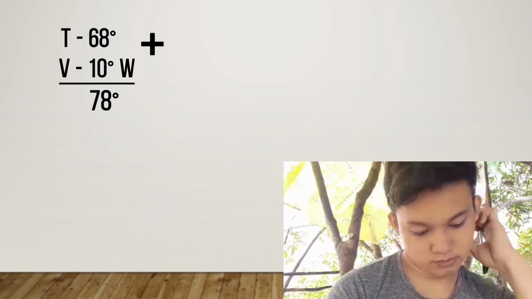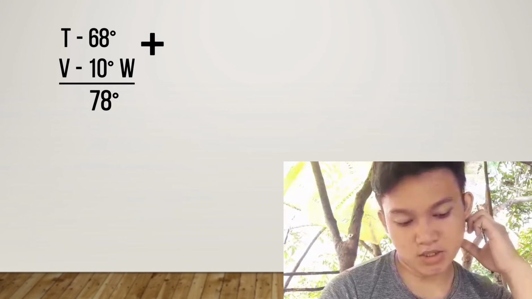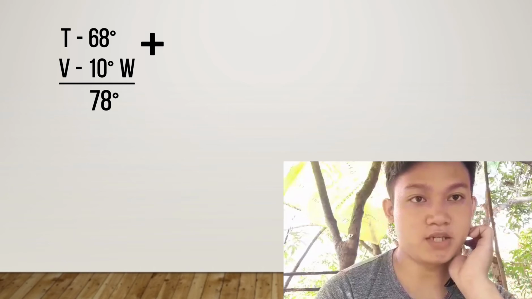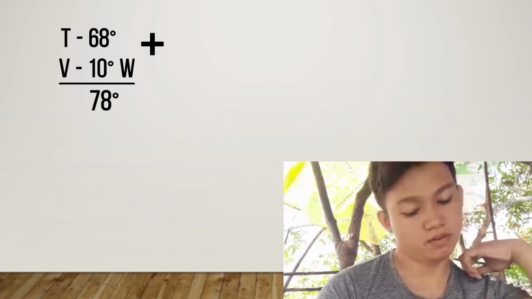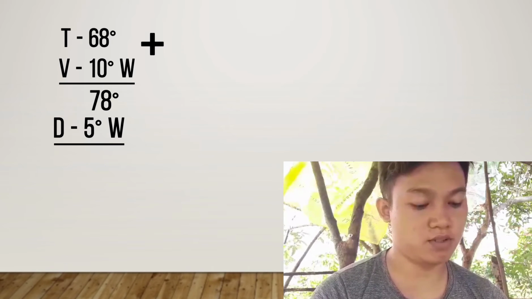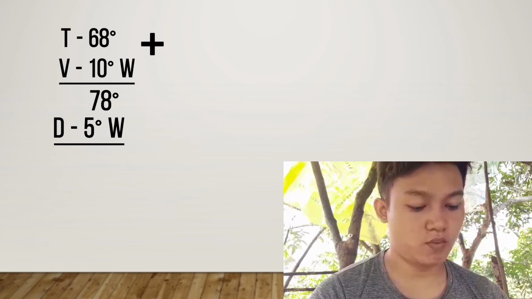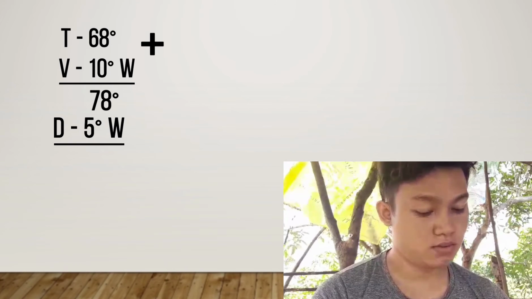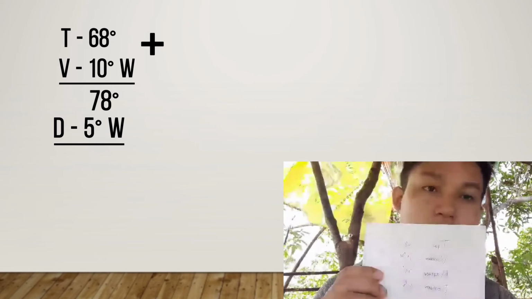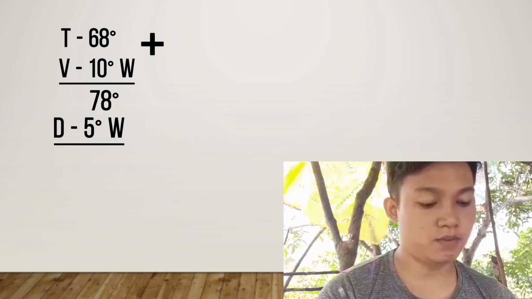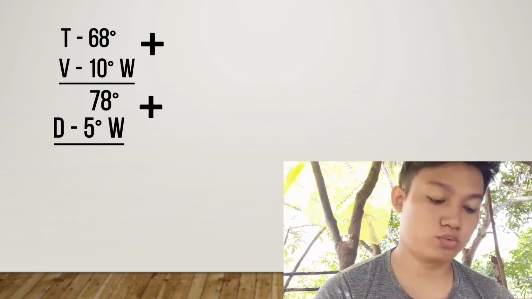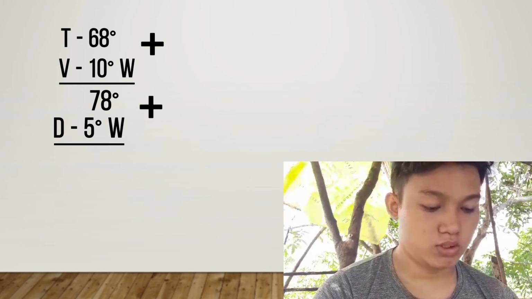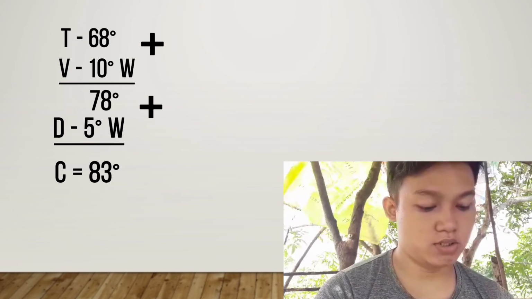For the deviation, since we don't have a deviation table as well, I'm going to pull up some numbers as well. Assuming that this is 5 degrees west, right now we can get the compass. 78 plus 5 degrees is equal to 83 degrees.